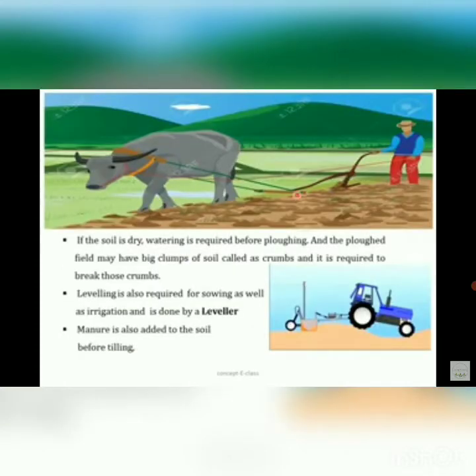If the soil is dry, watering is required before plowing, and the plowed field may have big clumps of soil called crumbs, and it is required to break those crumbs. Leveling is also required for sowing as well as irrigation, and it is done by a leveler. The tractor is connected to the leveler. So this is the process.